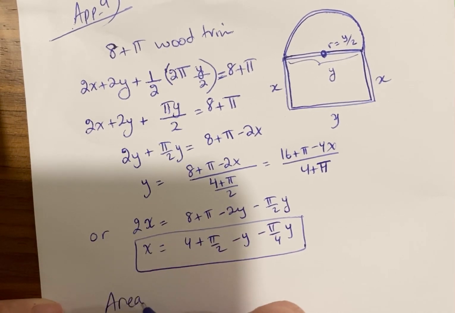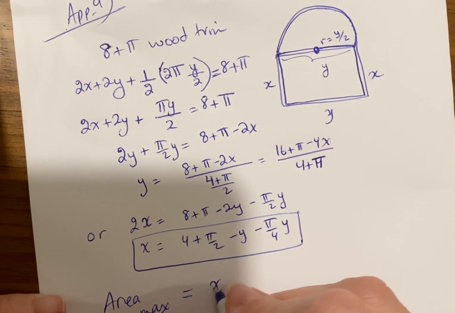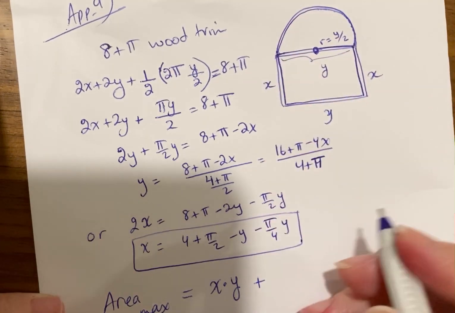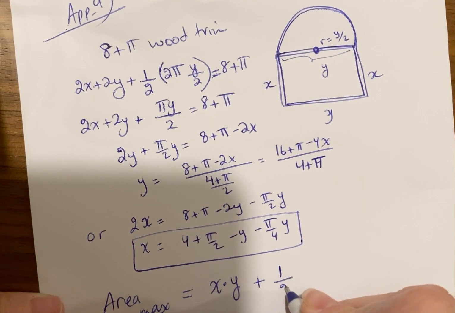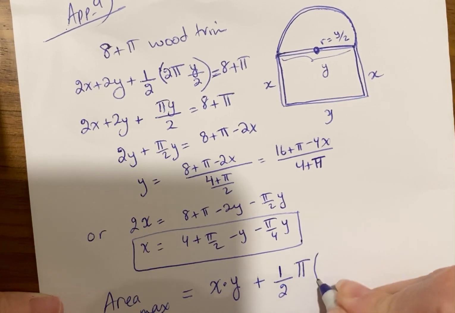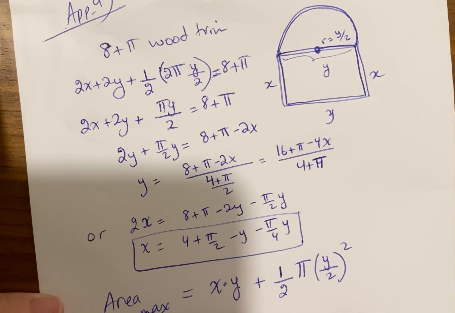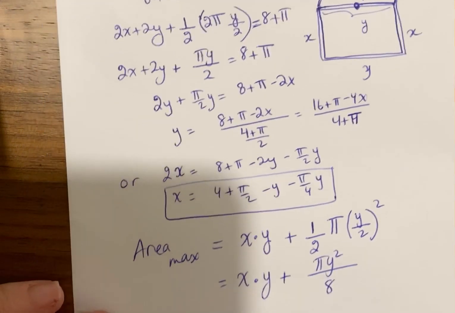We want the area of the window to be maximized. What is the area of the window? It's the area of the rectangle, which is x times y, plus the area of the semicircle. What's the area of a circle? Pi r squared. The area of a semicircle is half pi r squared. So it's x times y plus pi y squared over 4 times 2, over 8.